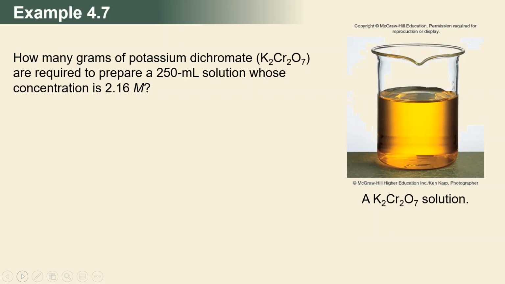First one: how many grams of potassium dichromate are required to make a 250 milliliter solution whose concentration is 2.16 molar? We're going to set up our equation. Again, remember molarity, our concentration, is equal to moles per liter.